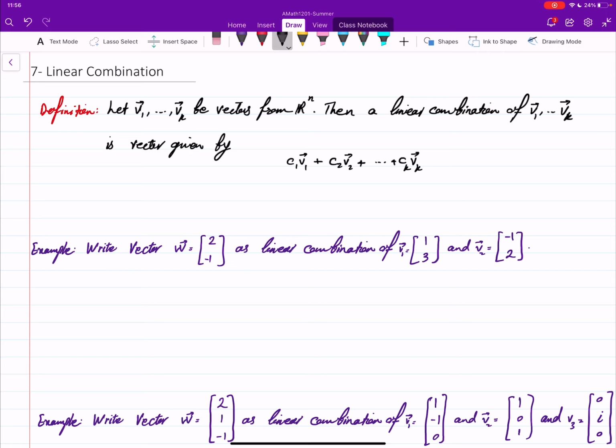Then you get a vector. That vector is called a linear combination of v1 up to vk.